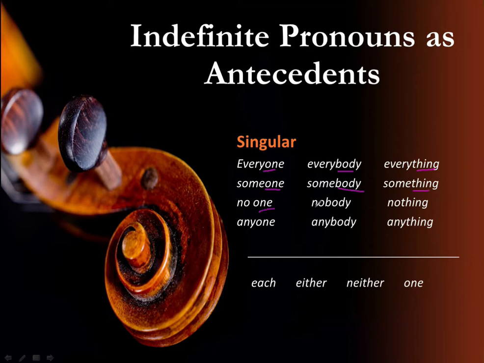So here are those basic ones, and then you have these bottom ones, each, either, neither, one. All of these are singular indefinite pronouns, and now they are going to become the antecedents of other pronouns. So let's see how that works.